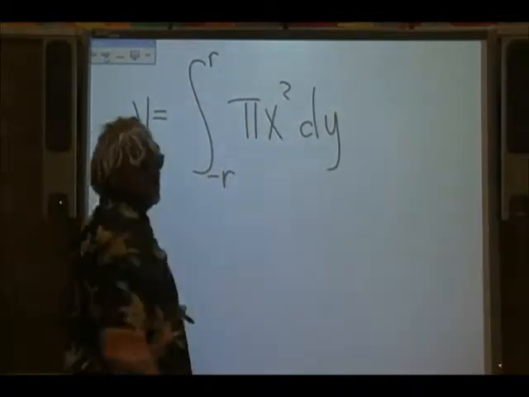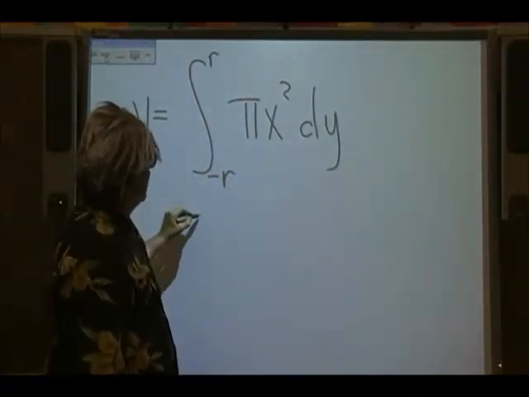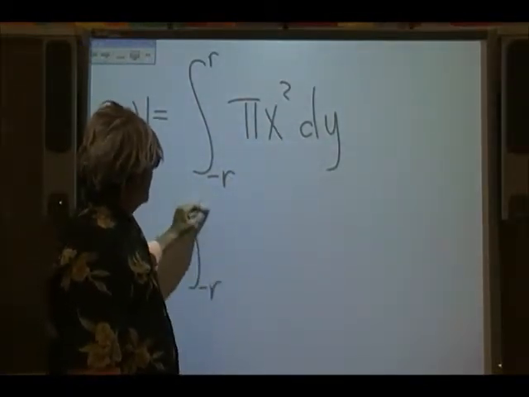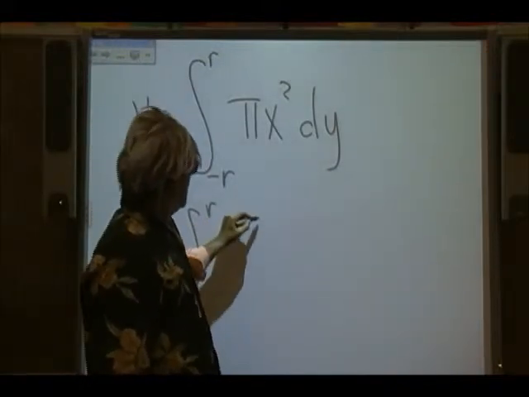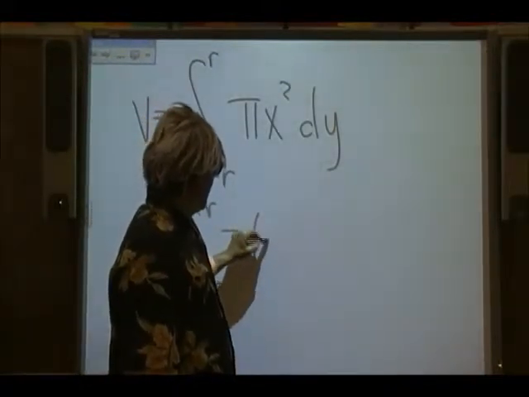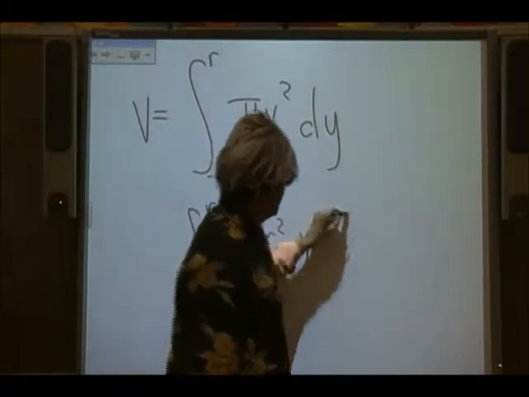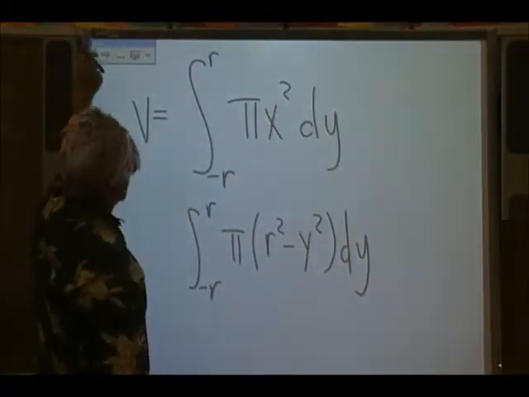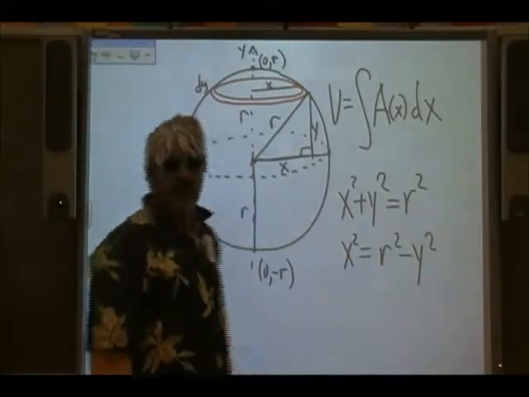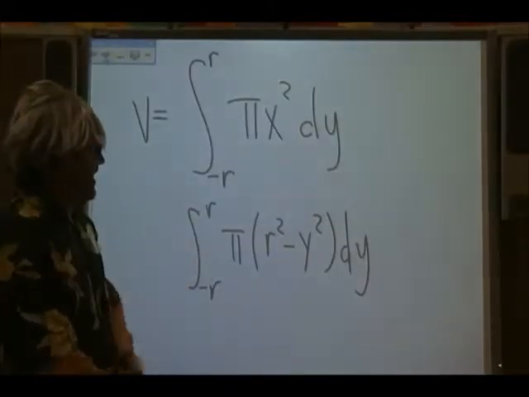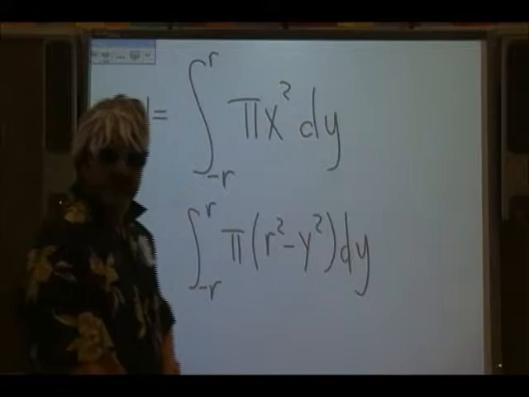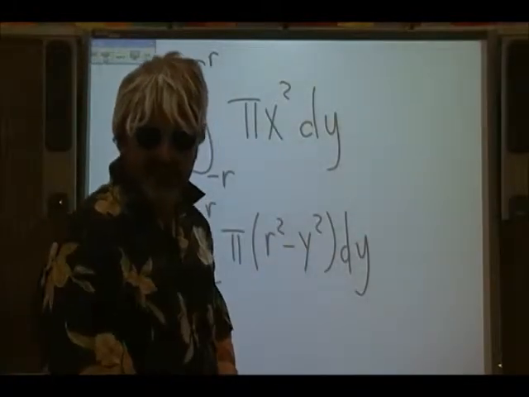See this x squared? It's now going to be r squared minus y squared. Isn't that what we have? So far, so good. Now we have to integrate this.